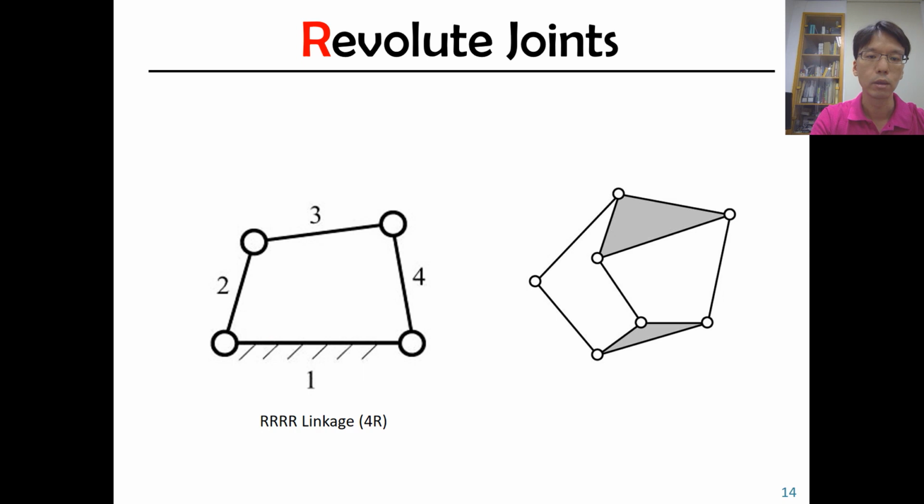This mechanism we also call a 4R linkage. 4R means it has 4 revolute joints. So this one is called an RRRR linkage, or 4R. And here's another example, a linkage formed by revolute joints only.